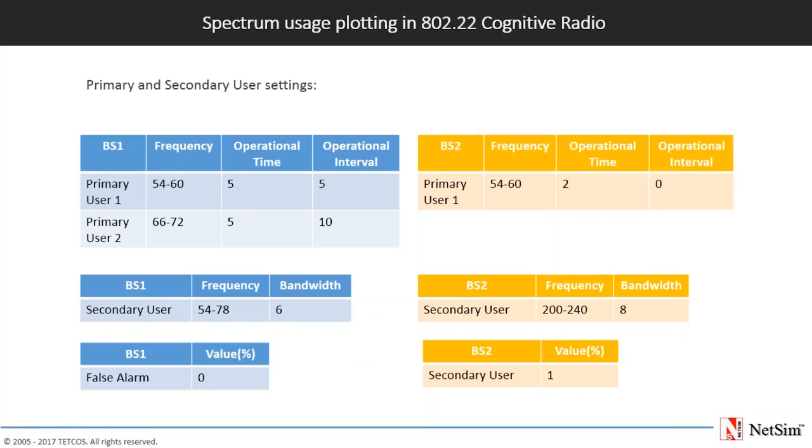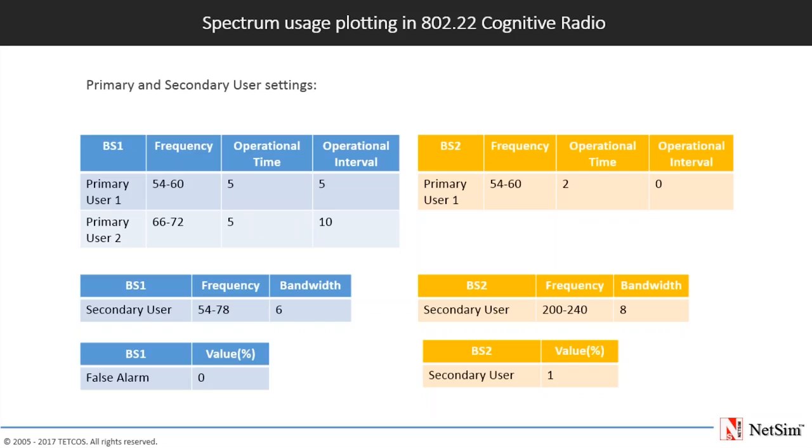Now there's something else called a probability of false alarm. What does false alarm mean? That even though the primary is off, the secondary believes that it is on, or even if the primary is on, the secondary believes that it is off. This is the meaning of false alarm. So in the first case we have set false alarm to 0, that means there is no false alarm at all, whereas in the second base station we have set a value of 1%.